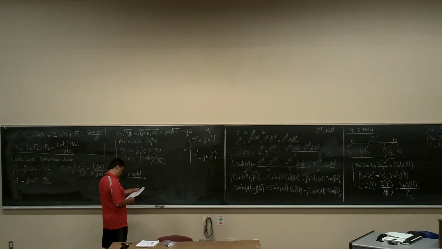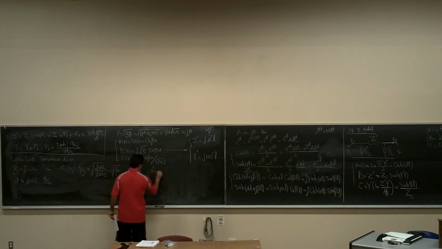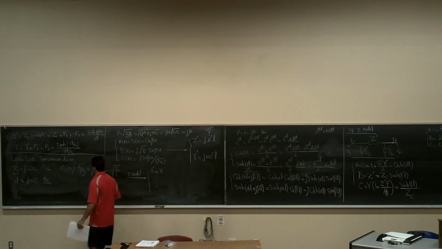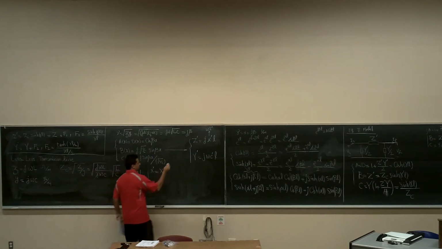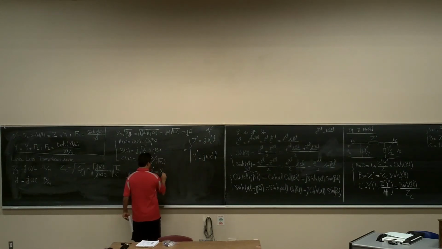I don't have it here, but you can calculate it this way. If you do that, X prime is going to be XL.